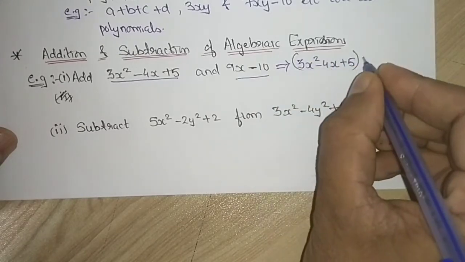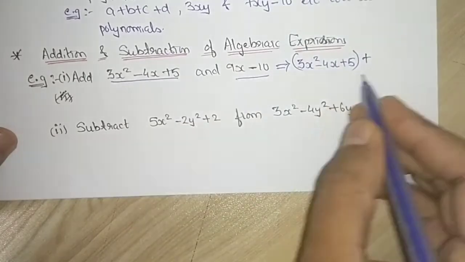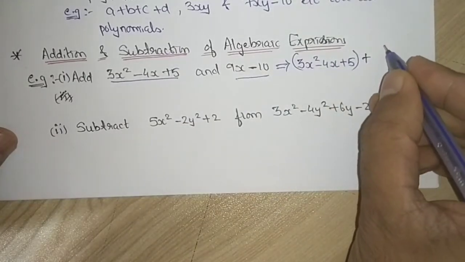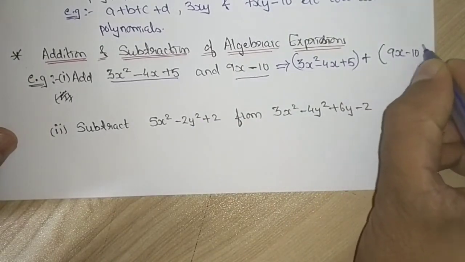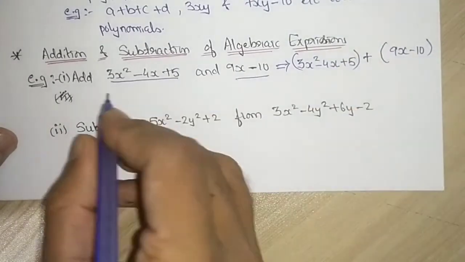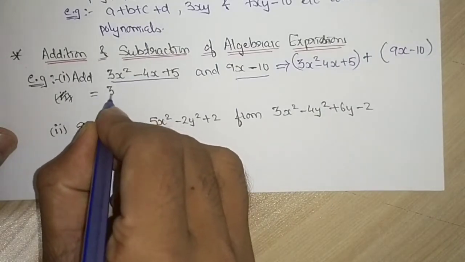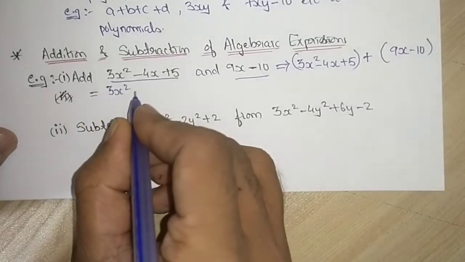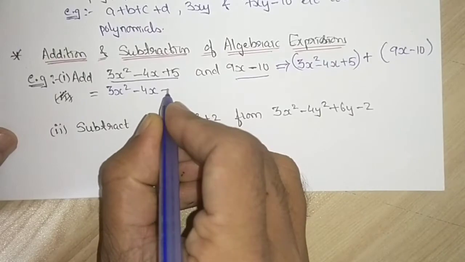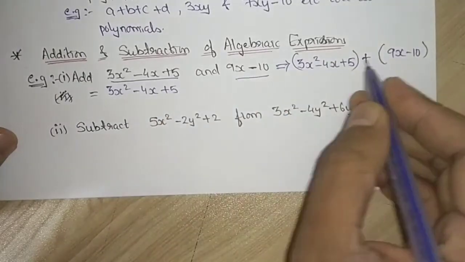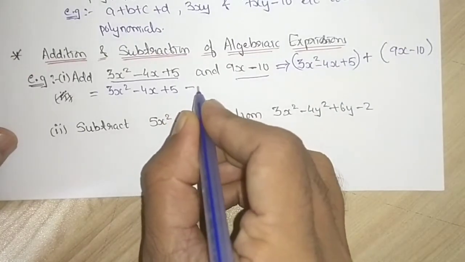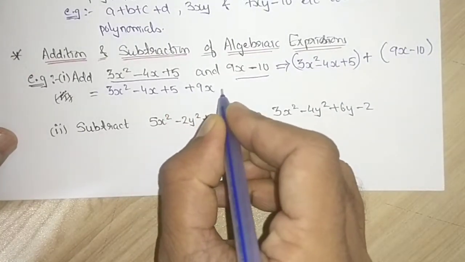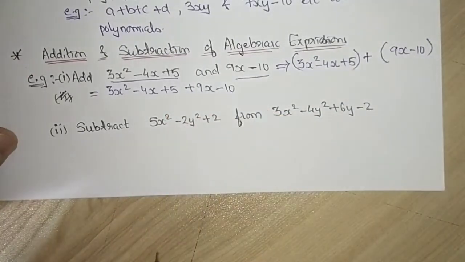They told you to add them, so I am adding a plus sign, 9x minus 10. Now open it. You will get 3x square minus 4x plus 5, and since it is plus, no sign will change inside. So I will write plus 9x minus 10.